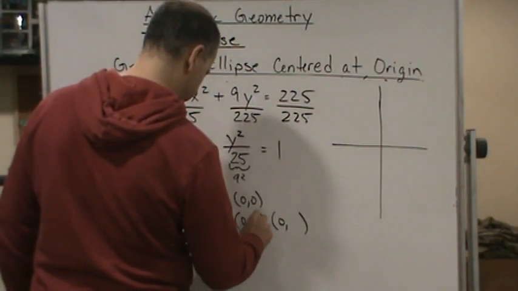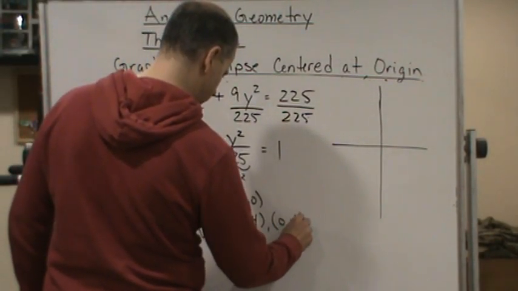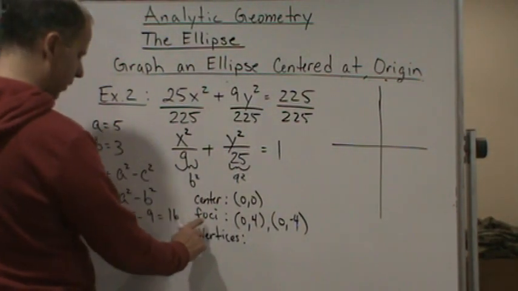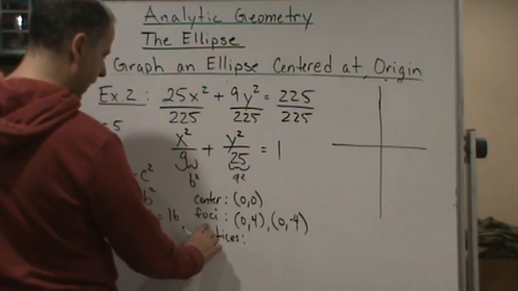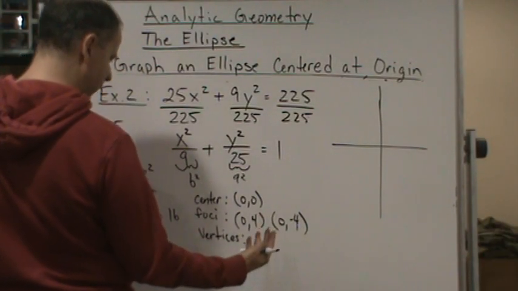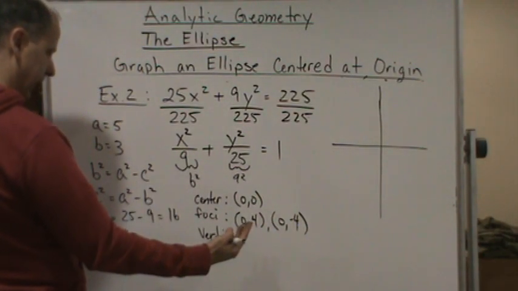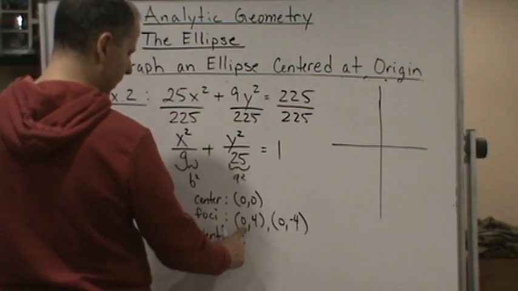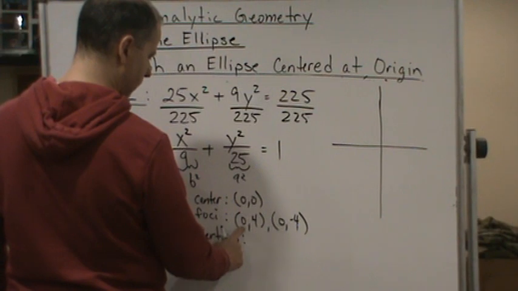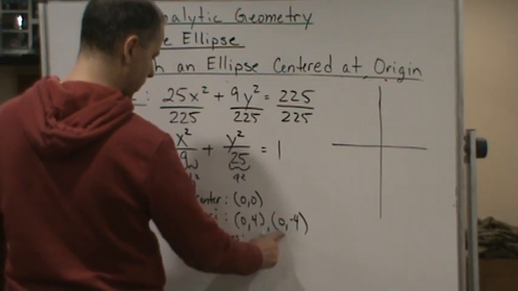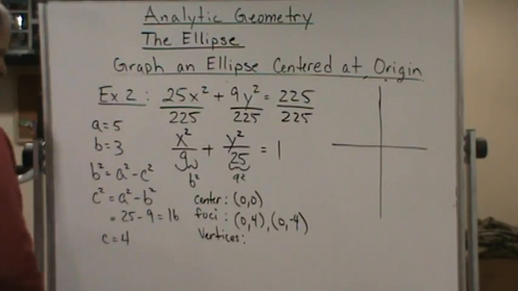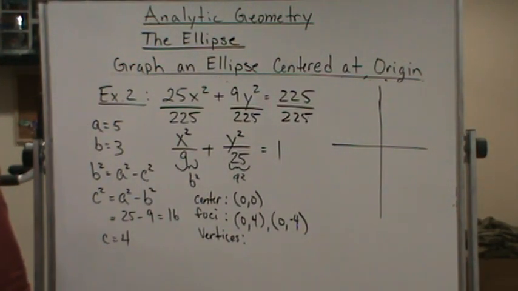So this should be 4 and negative 4. Sorry about that. So again, just to clarify any confusion, the foci are going to be your c, where your c values come in. And because we're going up and down the y-axis, your x values are going to stay 0, and your c values are going to be your y values here, your y coordinates. Okay? And so that's going to be 4 and negative 4.